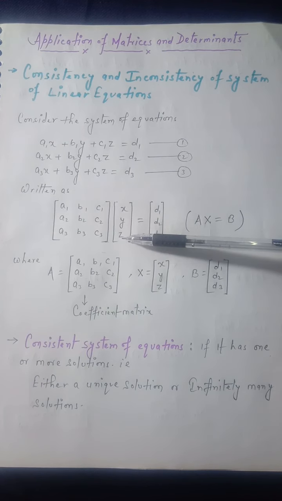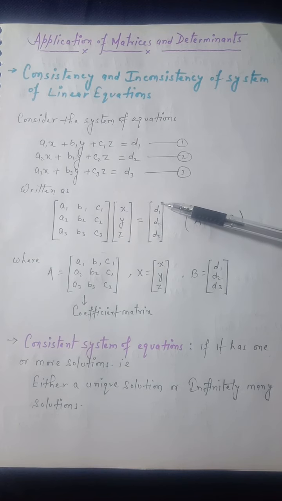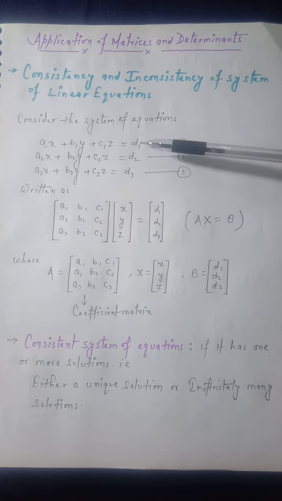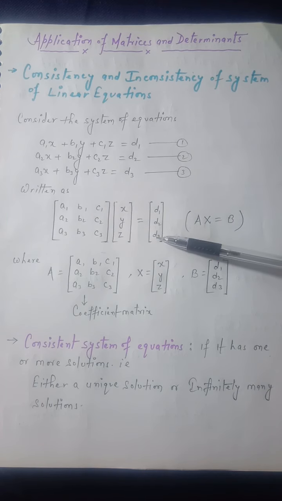After this, you will write another matrix, which is a column matrix x, y, z. These x, y, z are the variables, and on the right hand side, again write a column matrix D1, D2 and D3.